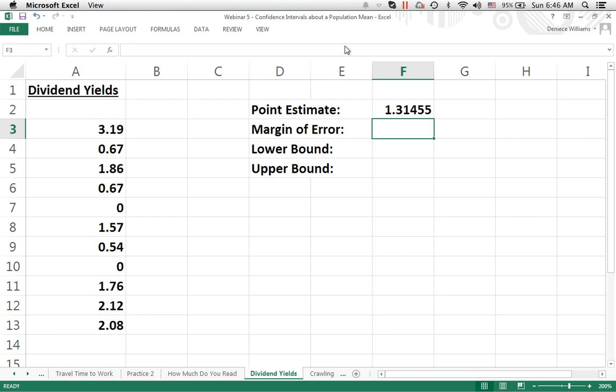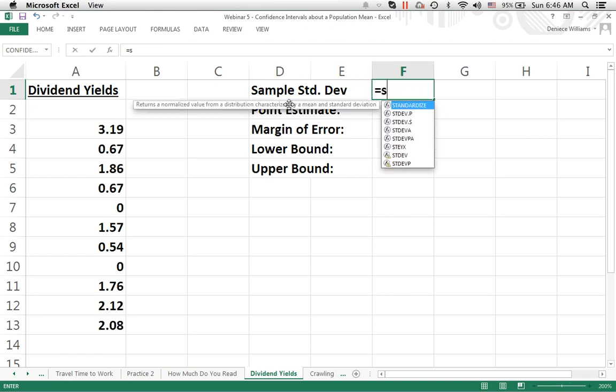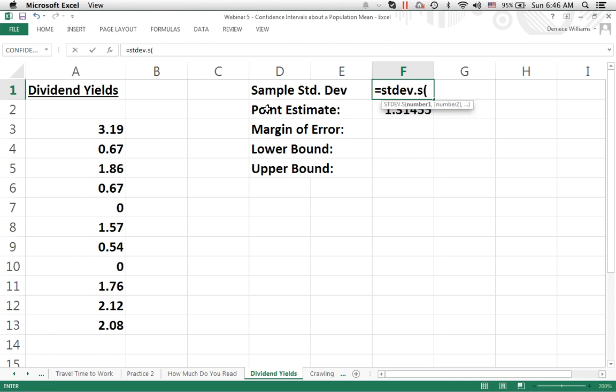We can also come up with our standard deviation for the sample.